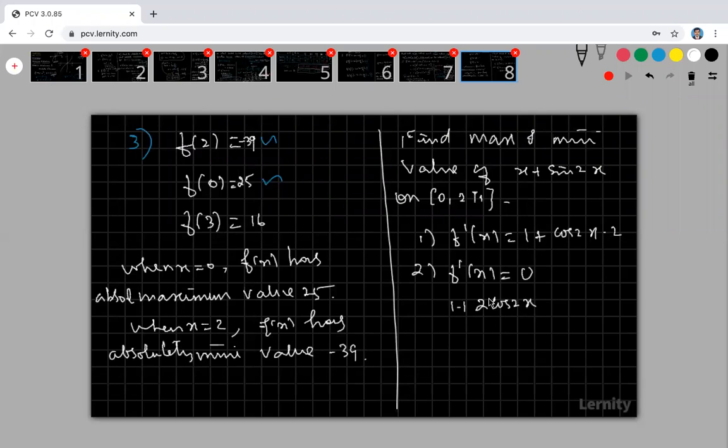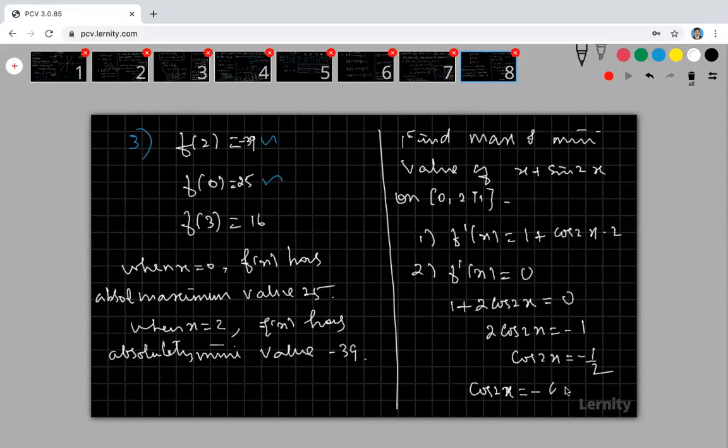That means 1 plus 2 cos 2x is equal to 0. So my 2 cos 2x is equal to minus 1. My cos 2x is equal to minus 1 by 2. Which angle has cos equal to 1 by 2?